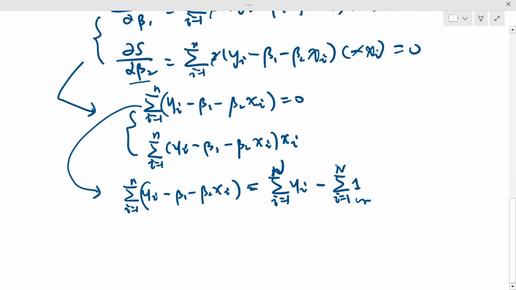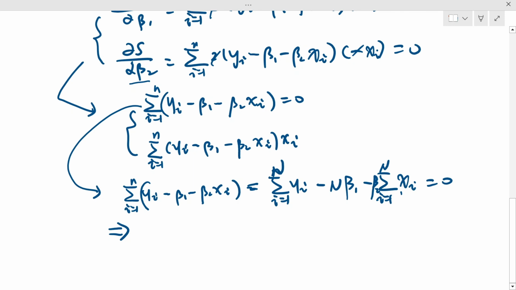We get beta 1 times the sum of 1, and summing 1 n times gives n. So this is actually n beta 1, minus the sum from 1 to n of beta 2 xi. We can pull beta 2 out because beta 2 does not depend on i.